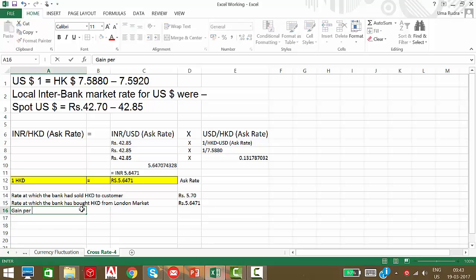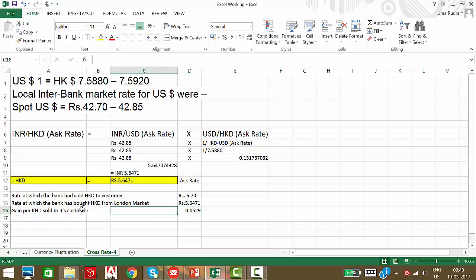Gain per HKD sold to its customer. So let me put the formula: 5.70 minus 5.6471. So 0.0529 is the gain.